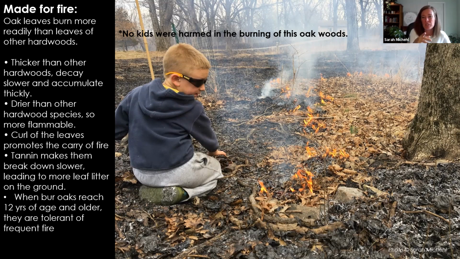And you can also see, and this is why I use this picture of a little kid sitting right next to the flames, a lot of times these oak burns are pretty boring. They go generally kind of slow, and they don't really burn super intensely hot. So it's really just the upper layer of oak leaves that burn.